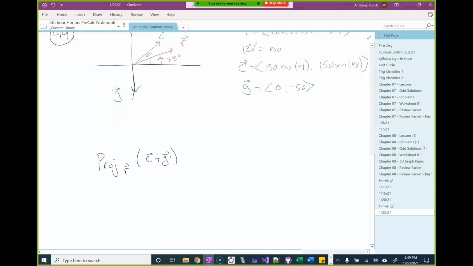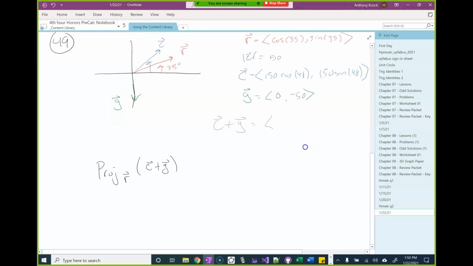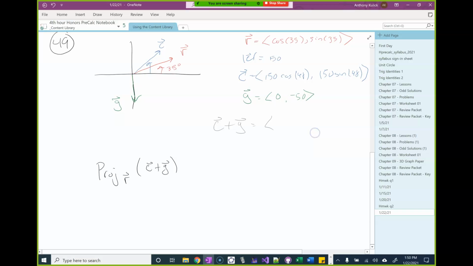All right. So let's do C plus G first, since there's probably no good reason to be obtuse about that. Where's my calculator? I keep looking for something that's not there.